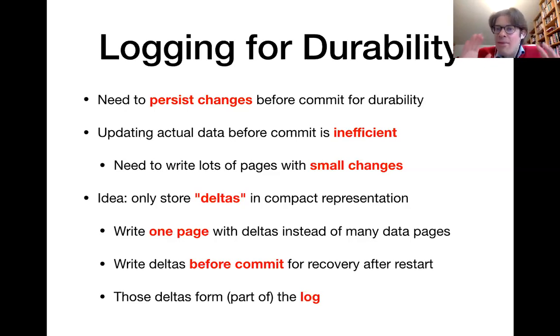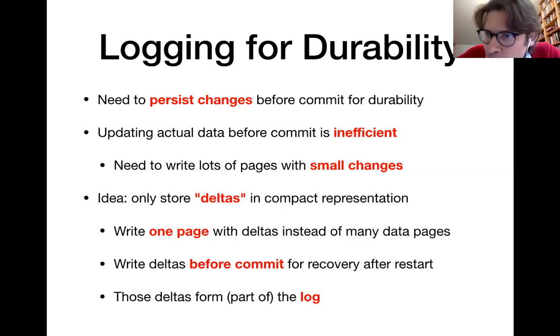The idea behind logging is that we don't do that, but instead we just collect all those updates to the data in a very compressed representation. So for one transaction, you typically can collect all its updates in compressed representation on one single log data page. And if we want to make that persistent, we can just write the log data to hard disk, typically with one single page write.